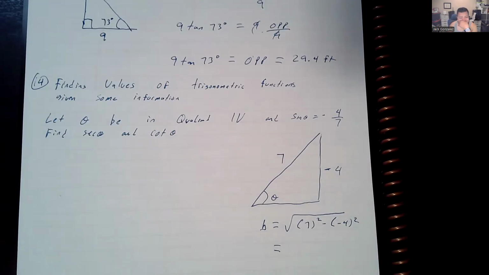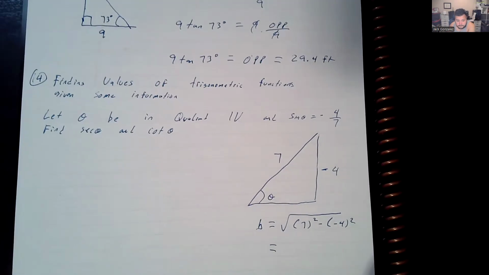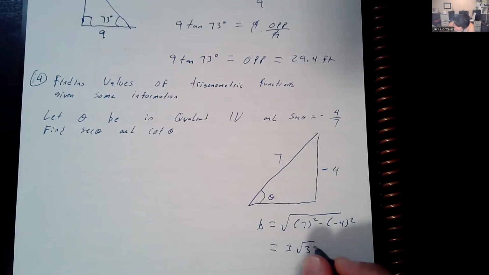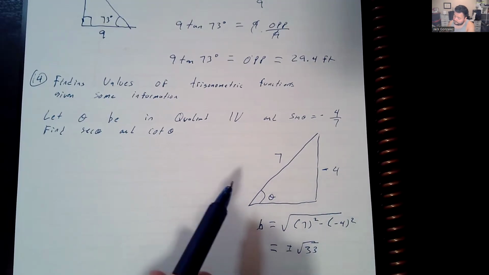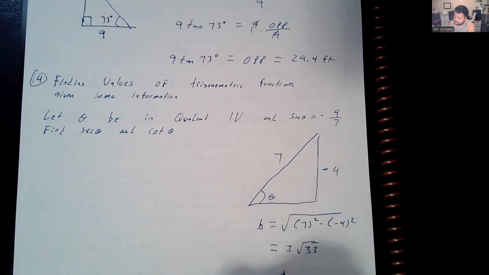You should get 33. Plus or minus root 33. So we're going to choose quadrant 4, the adjacent side, the x value. It has to be positive.